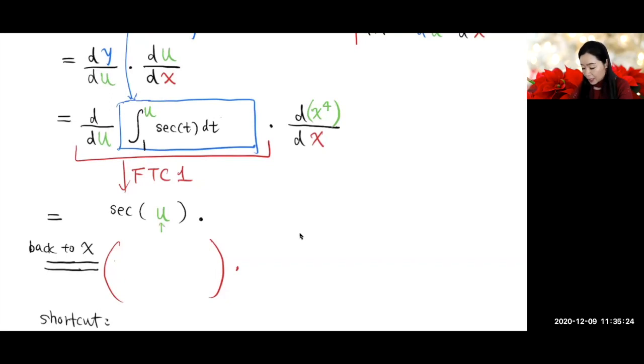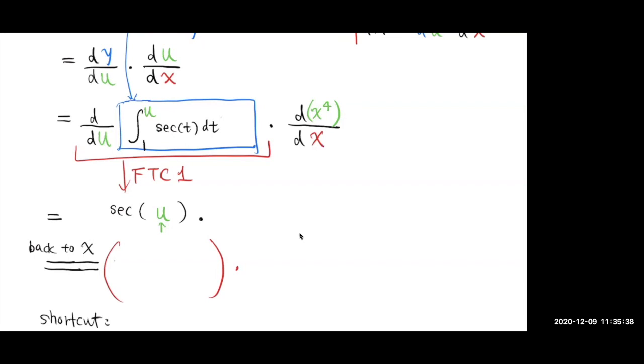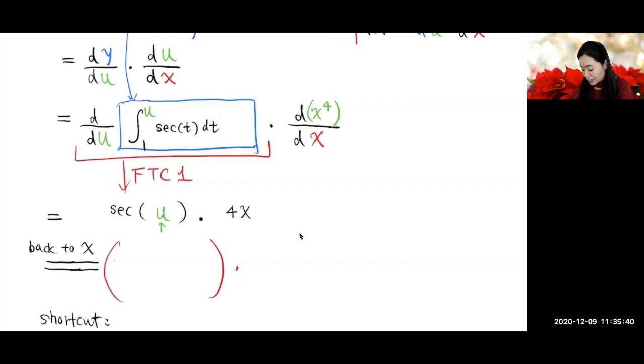Now, times the derivative of x to the 4 with respect to x is equal to what? 4x to the third power. You got it.